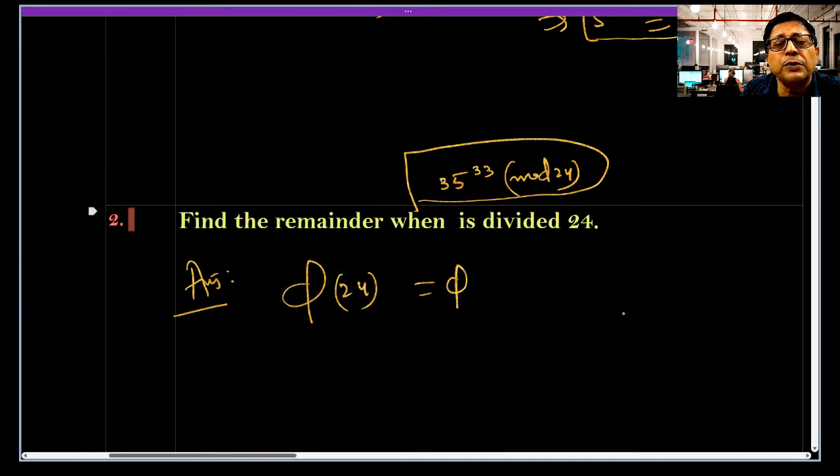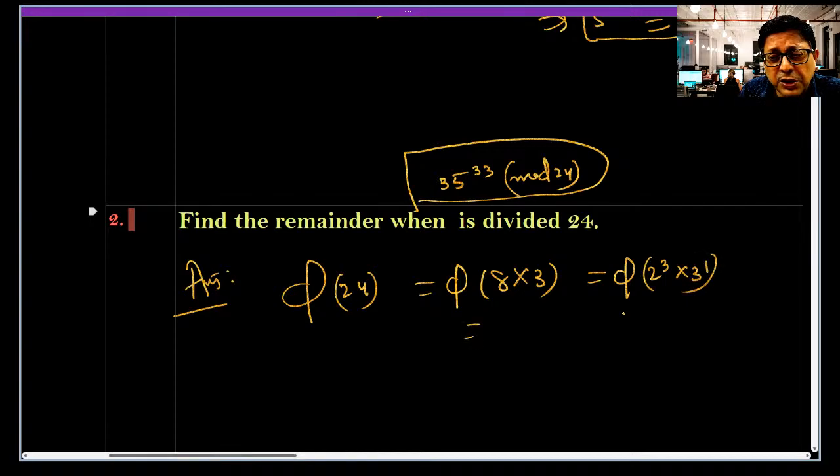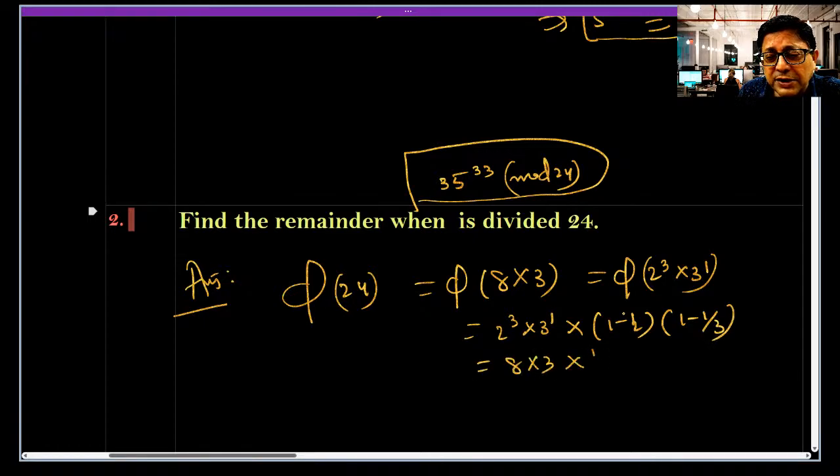What is phi 24? It is phi of 8 into 3. This is phi of 2 cube, 3 to the power 1. So this is 2 cube multiplied by 1 minus half, 1 minus 1/3. 8 into 3 into half into 2/3. Answer is 8.